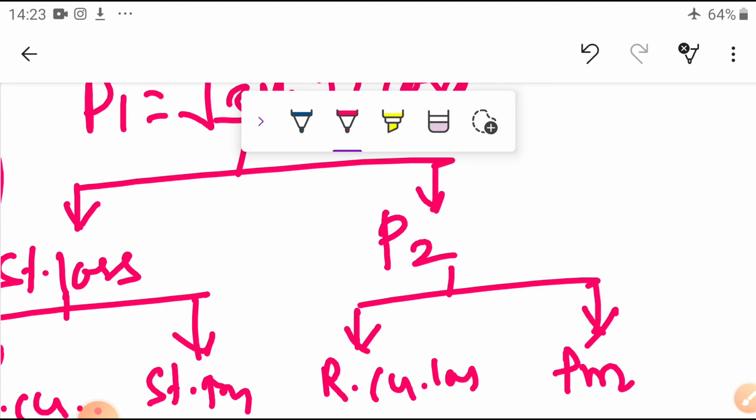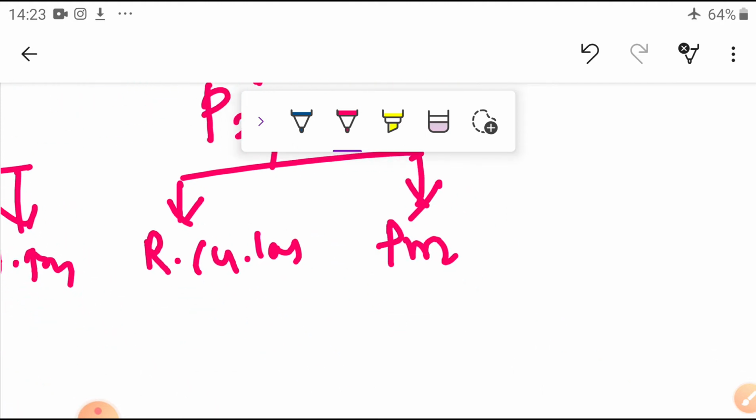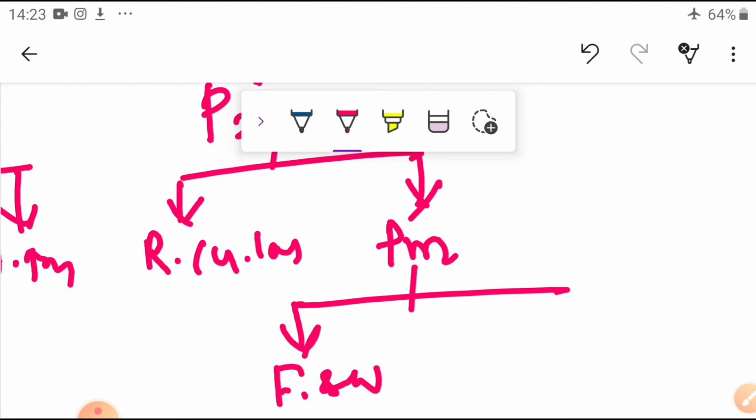So that is utilized for copper losses and the total mechanical energy developed in the rotor. Further from this, friction and windage losses take place, then we get P out, the net output of the motor. These are the stages of power flow from stator to rotor.